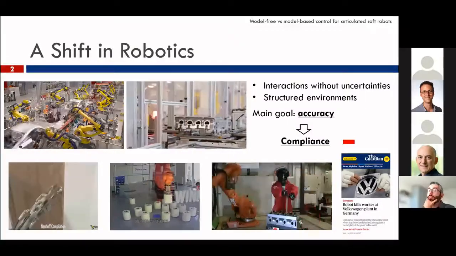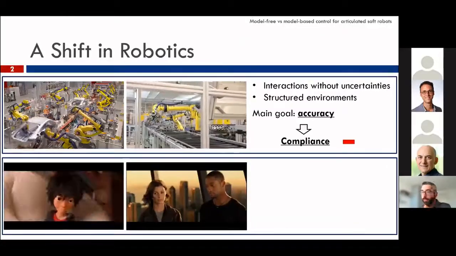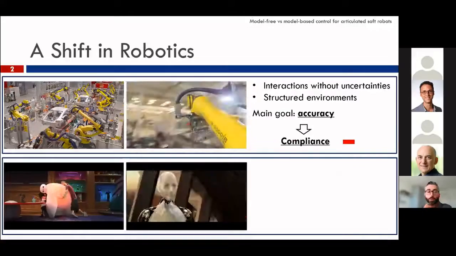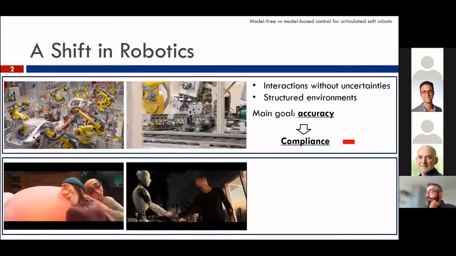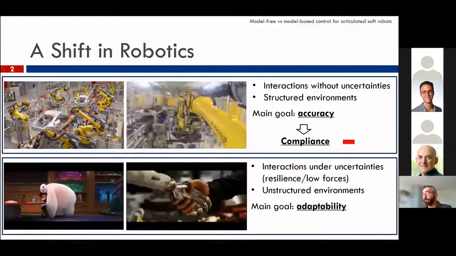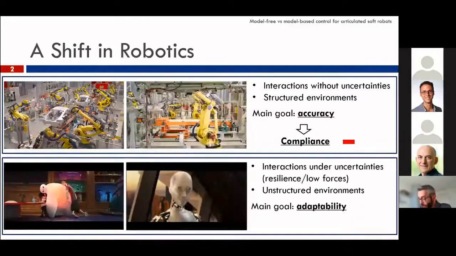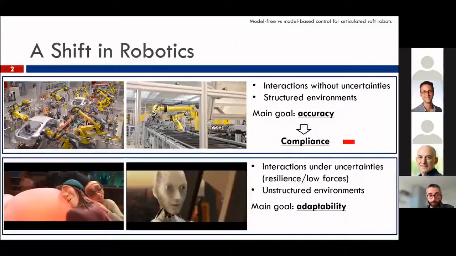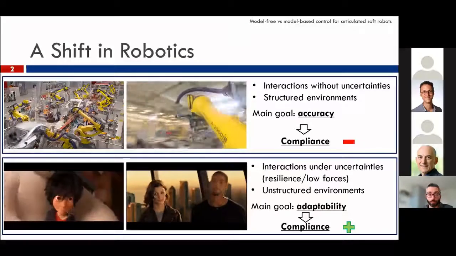Nowadays, as you already know, we aim at a different task. These tasks involve more collaboration and cooperation between humans and robots. In this context, the environment is unstructured and there are interactions with a lot of uncertainties. Here the main goal is adaptability, and compliance comes again, but in this case with a beneficial aspect.